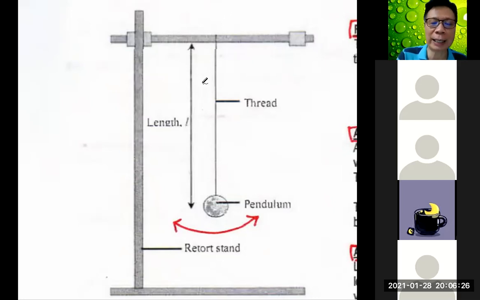How do you do it? Jia-He, how do you do it? What is the periods of oscillation when the thread is 40 cm? So how do you do it, Jia-He?